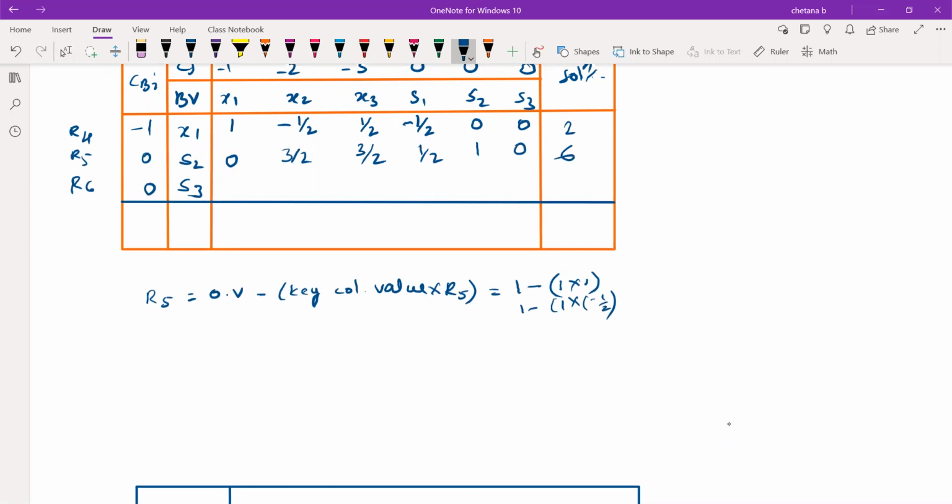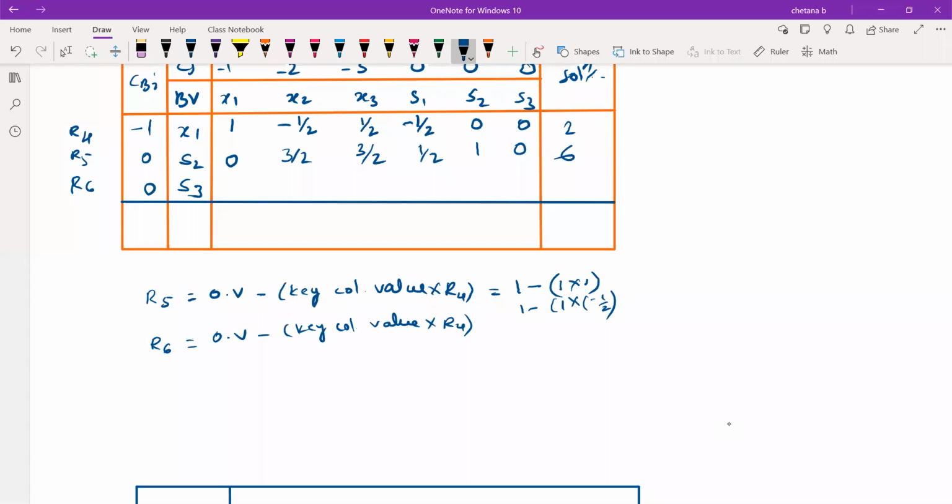Similarly, for R6, it is old value minus key column value multiplied by R4, the new value.